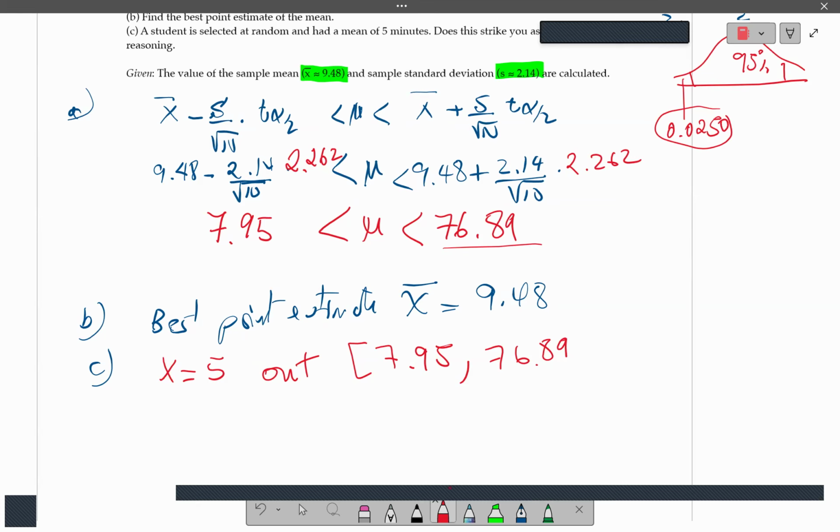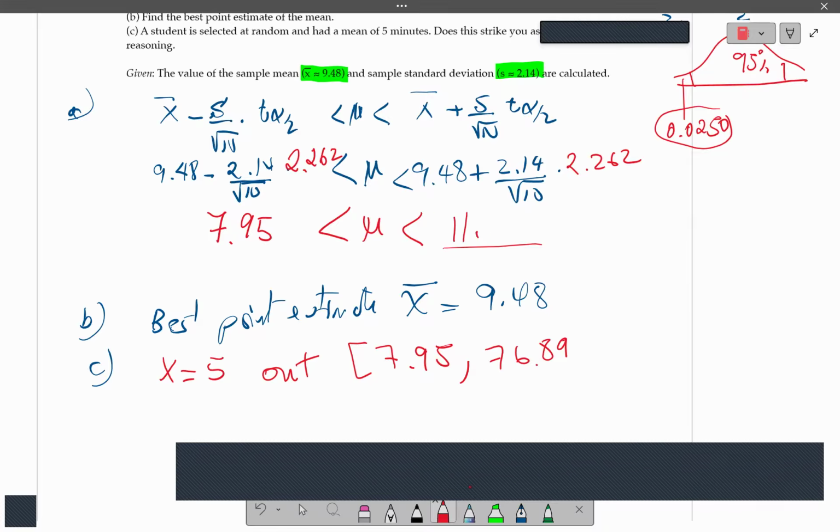Yeah, definitely 11. So this one is going to be 11.01. 11.01 is good, yeah.